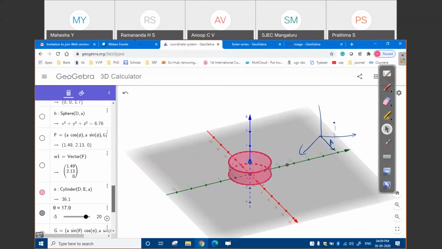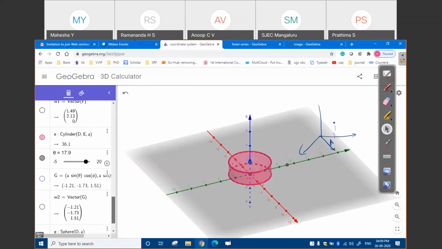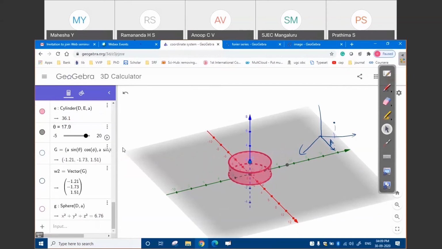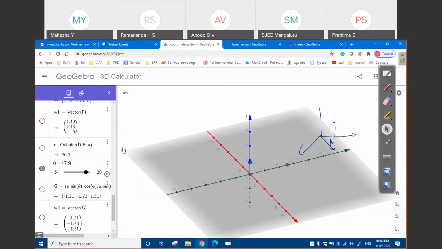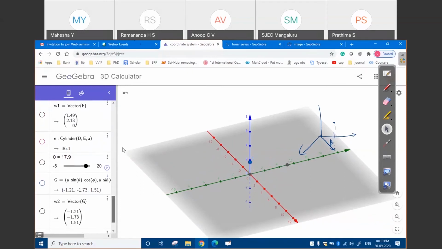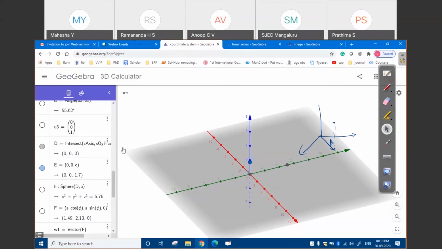Now, the third one is the spherical coordinate system. I'll show this one here.